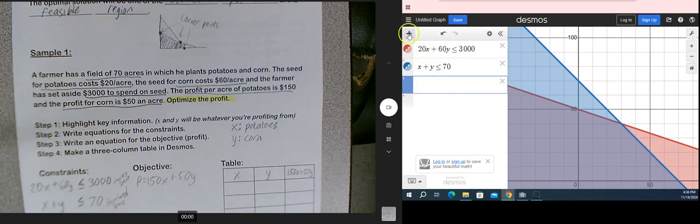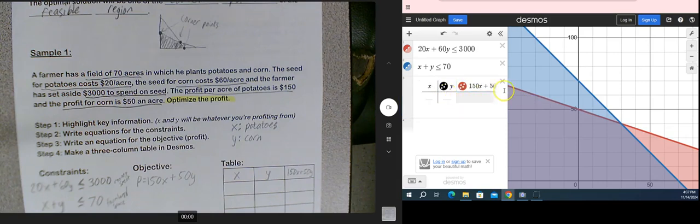Now on a third line, we're going to go to this plus button here and we're going to add a table. I'm going to get rid of the ones. We can just highlight this whole box and replace Y1 with just Y. And now for the third column, I'm going to put my objective, and I can do that by clicking to the right of Y here and adding 150x plus 50y.